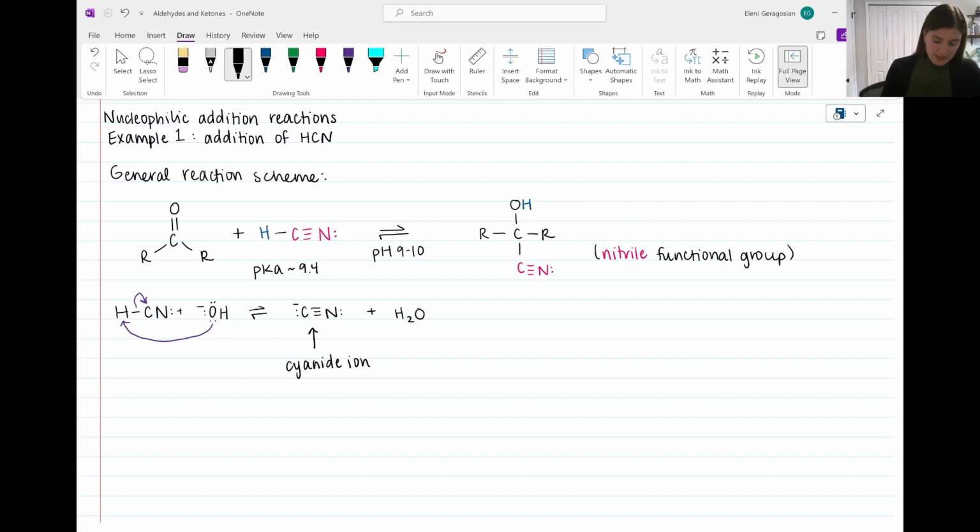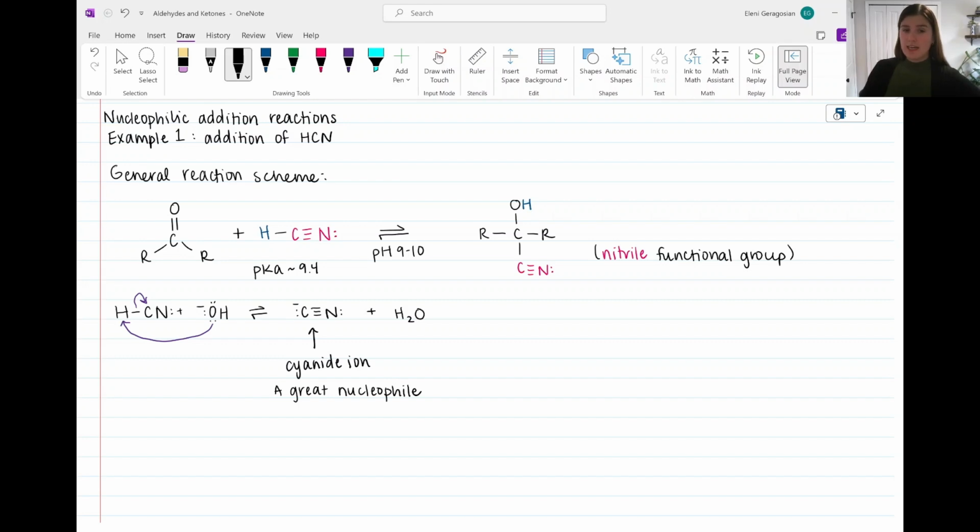This is a great nucleophile. So now we can do nucleophilic addition. So that's the whole reason we have the pH at between 9 and 10, so we can generate this nucleophile in solution. Now that nucleophile is what will react with the aldehyde or ketone.